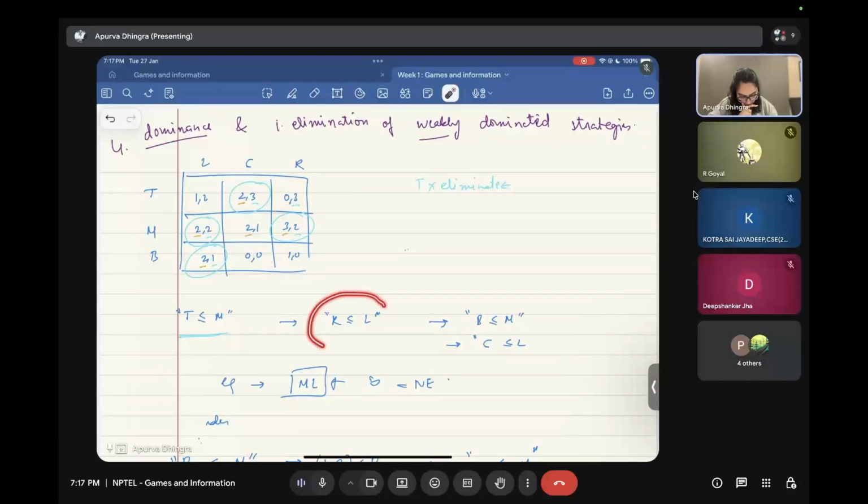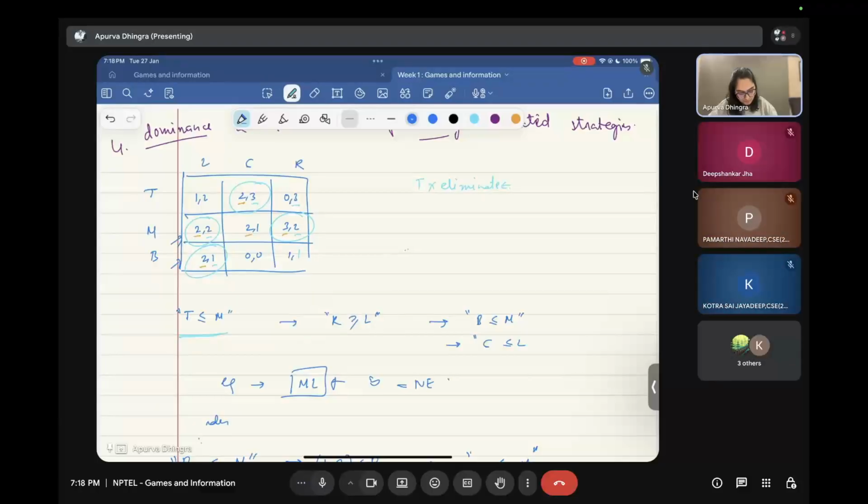Oh, this looks like I have the values wrong somewhere. Okay, I'll do this. So now if we compare R and L, R is the one that should be eliminated. Sorry, L is the one that should be eliminated. If we are eliminating L, that means we are losing these two also. So the only option that we are left with is MR.